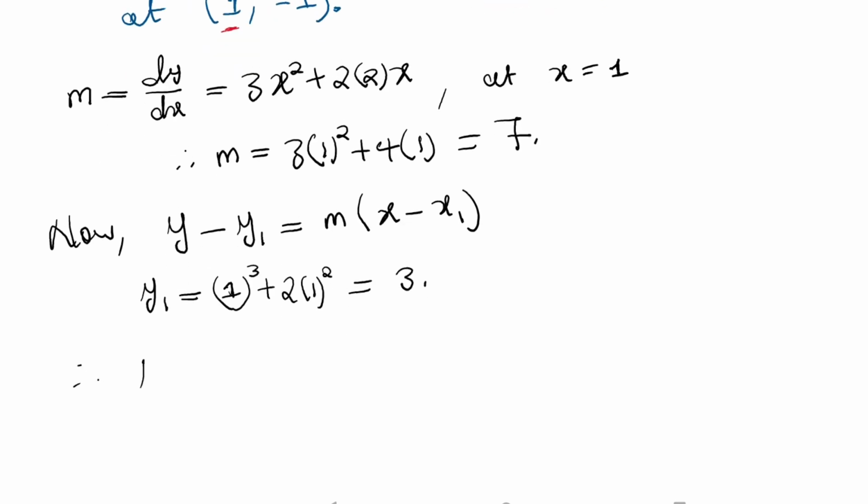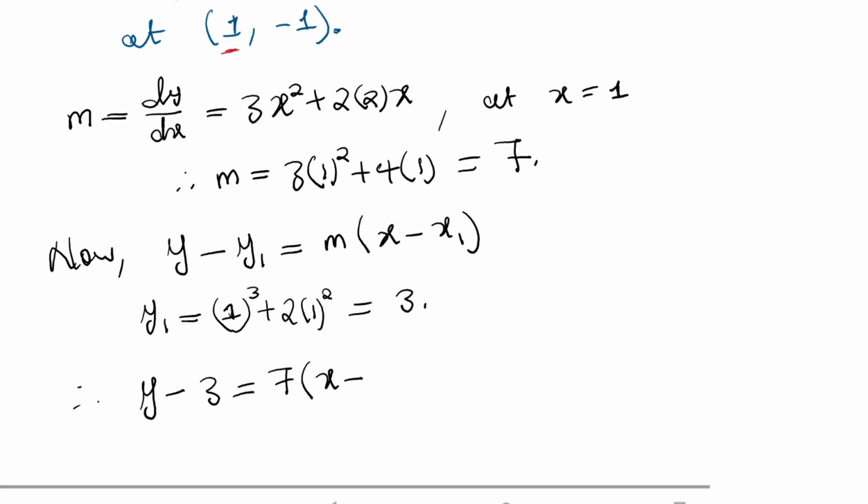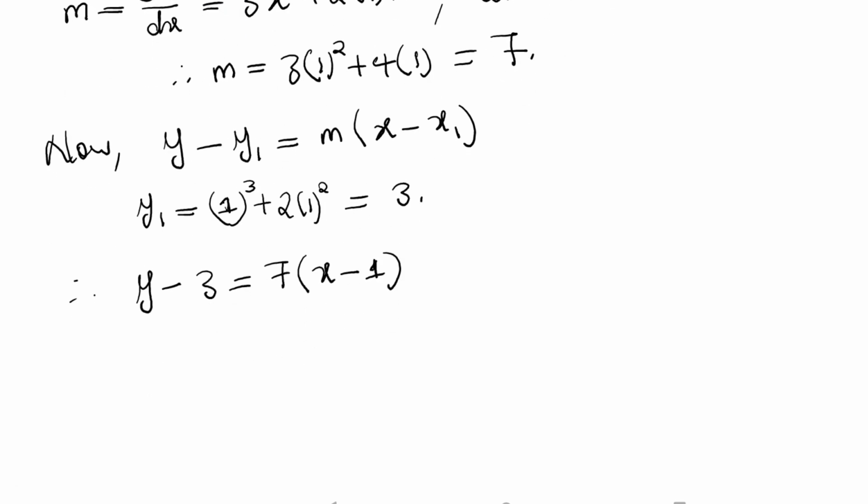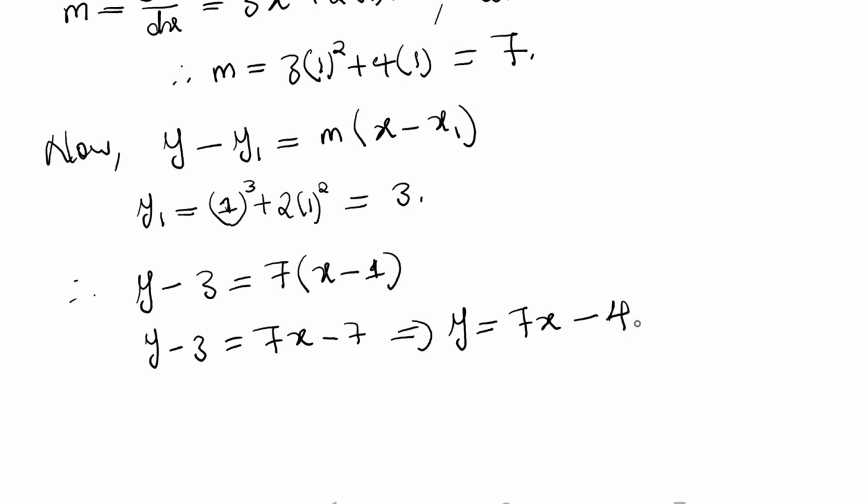So therefore, the equation is y minus 3 is equal to m, m is 7, into x minus, and the x value at that point is equal to 1. Okay. So we can expand, this is y minus 3 is equal to 7x minus 7, and this is just y is equal to 7x, negative 7 plus 3, which is negative 4.